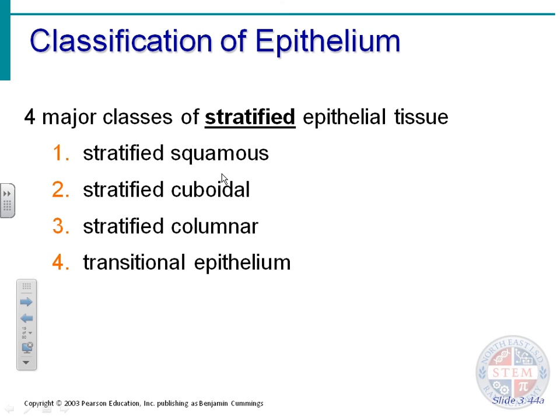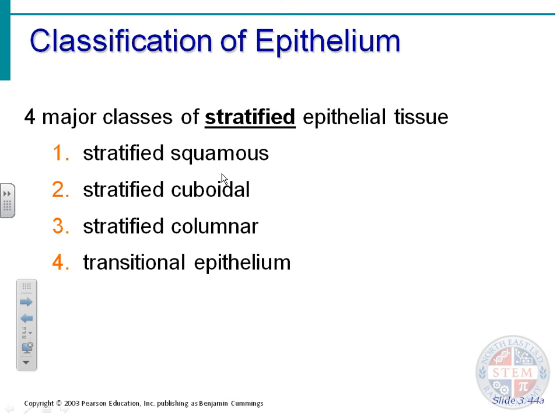Four major classes of stratified: stratified squamous, stratified columnar, stratified cuboidal, and what we call transitional epithelium. Transitional epithelium is stratified, and it has multiple different types of shapes. It's usually found in places like the urinary bladder, an organ that just holds something.